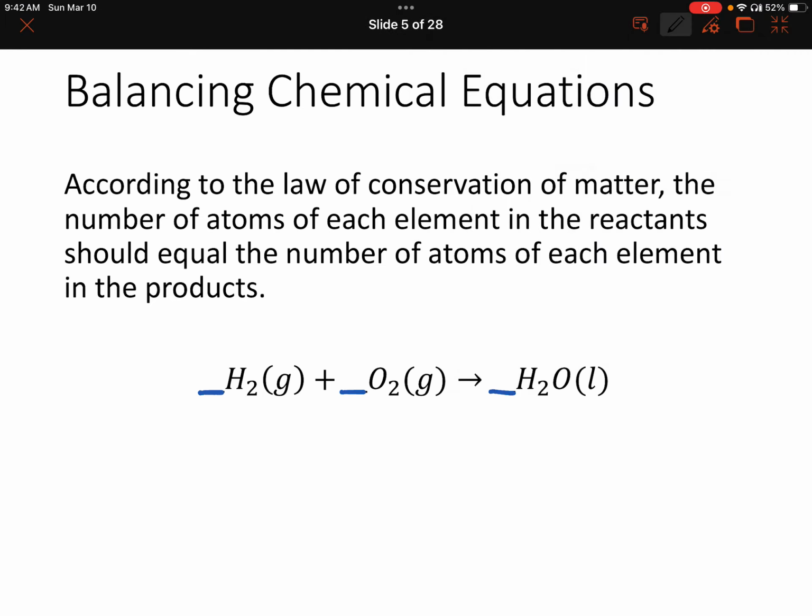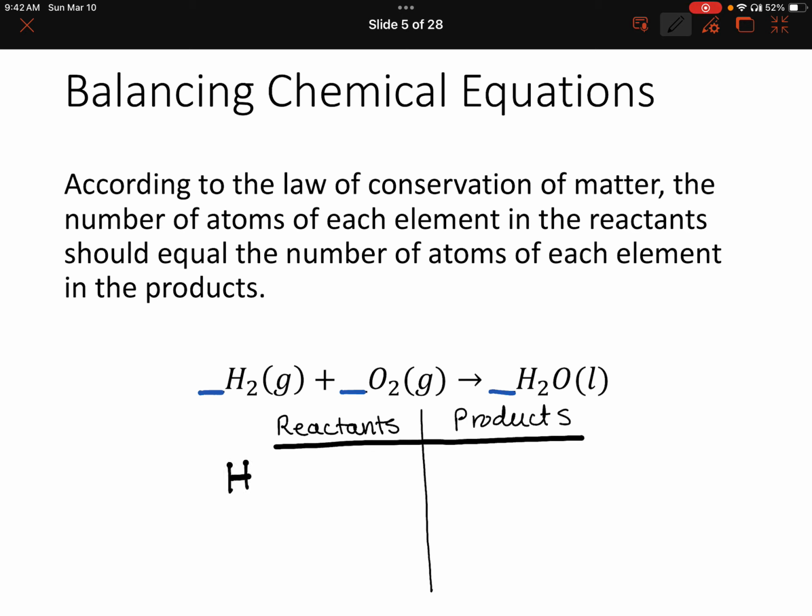All right, so let's start. What I usually do is make a table of reactants versus products. And then I list each of the elements that I have in the reaction on the left. So we do have hydrogen and oxygen, and that's it.